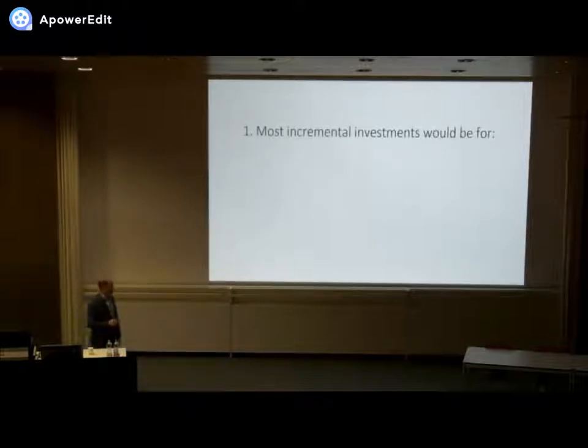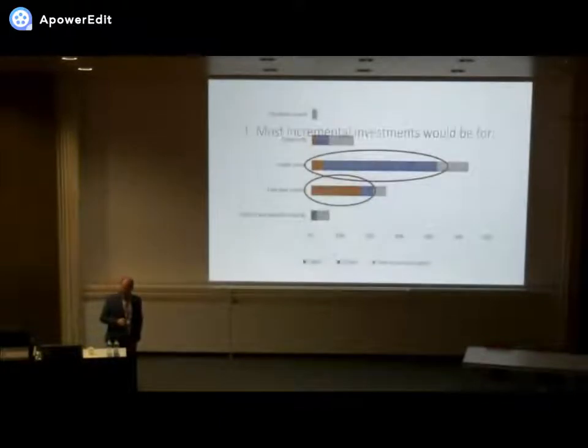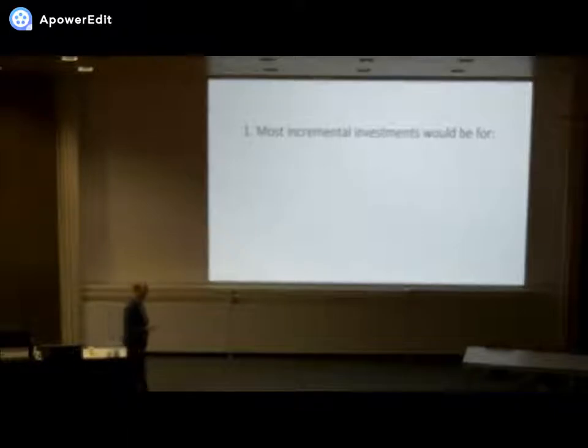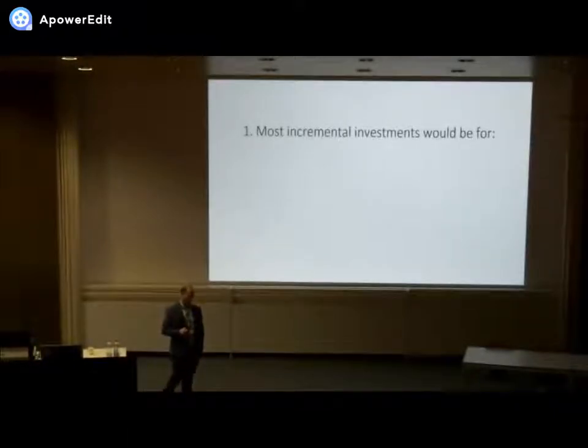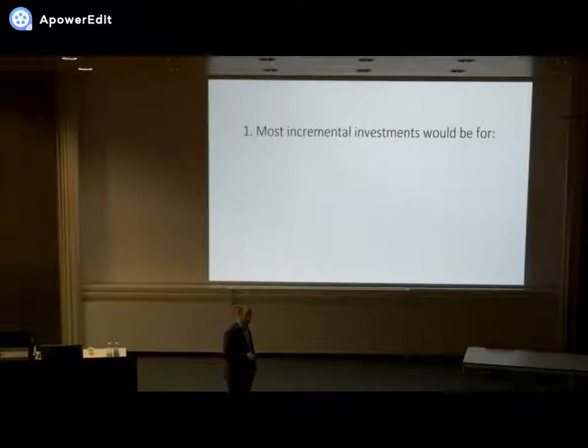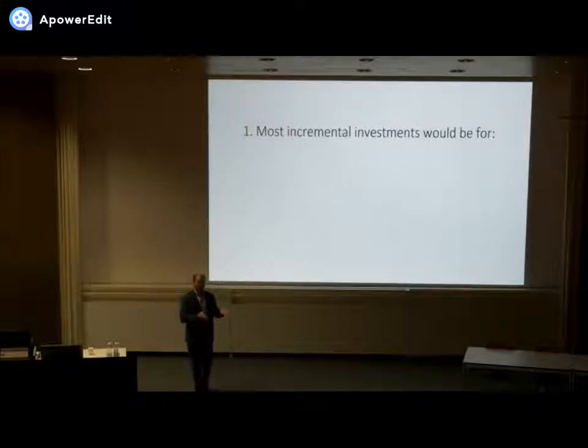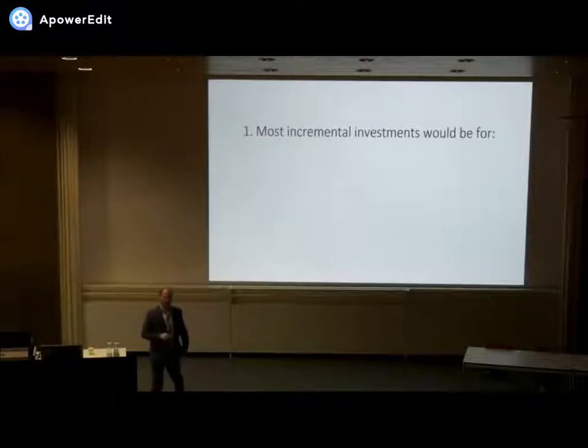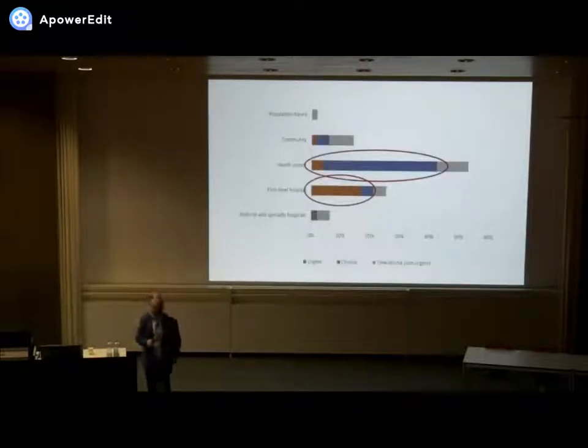The first is that most of the incremental investments in health systems would be for urgent interventions and chronic interventions, but not routine vertical programs. And they would be at first level, as Karin was saying: first level clinical services, health centers, and first level hospitals. I'll show you that here.